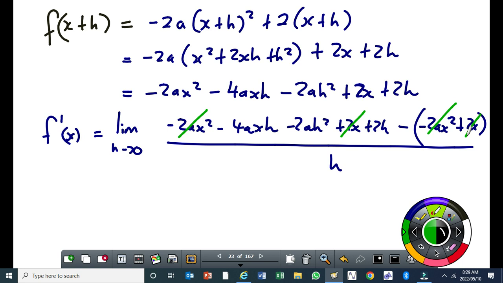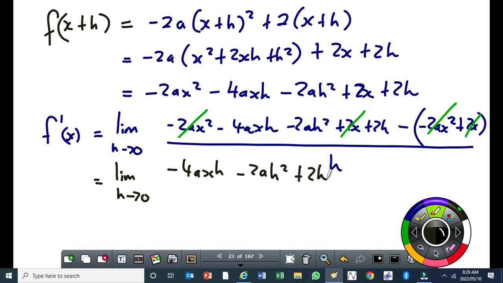So in the end, we have a new expression: limit as h tends to 0 of minus 4axh minus 2ah squared plus 2h, all over h. Then we take out a common factor, which is h.